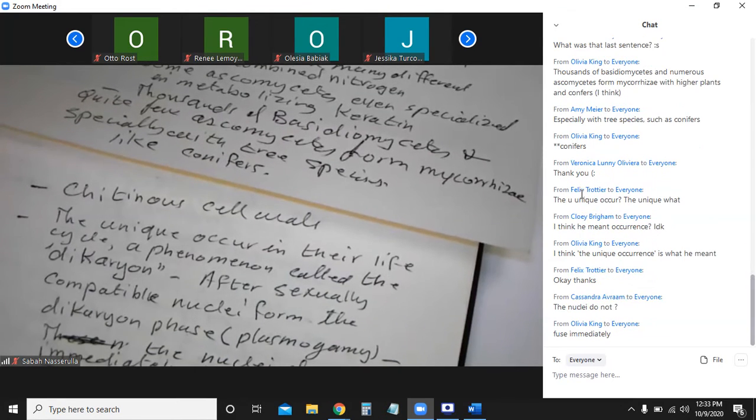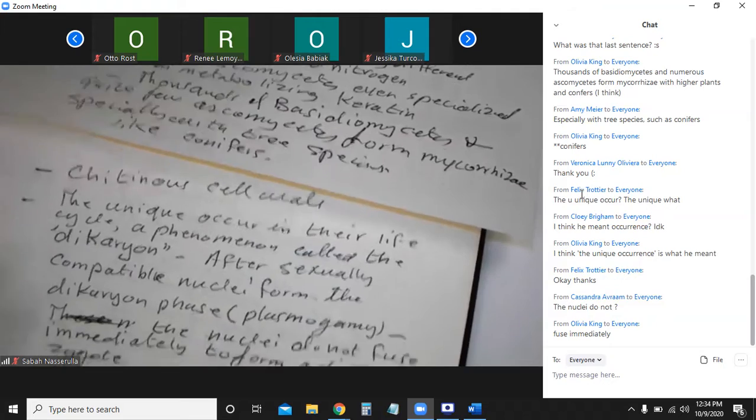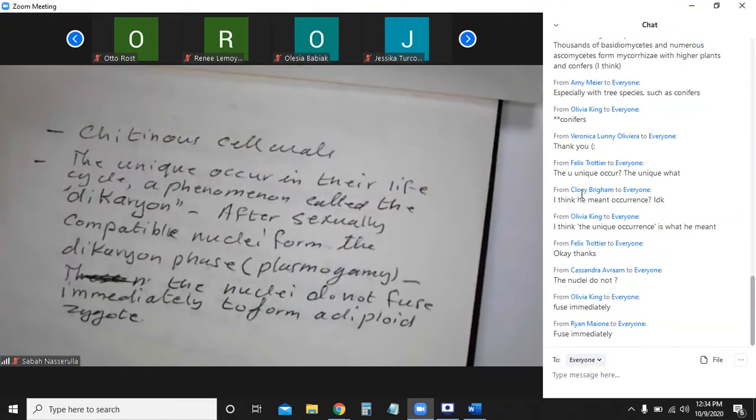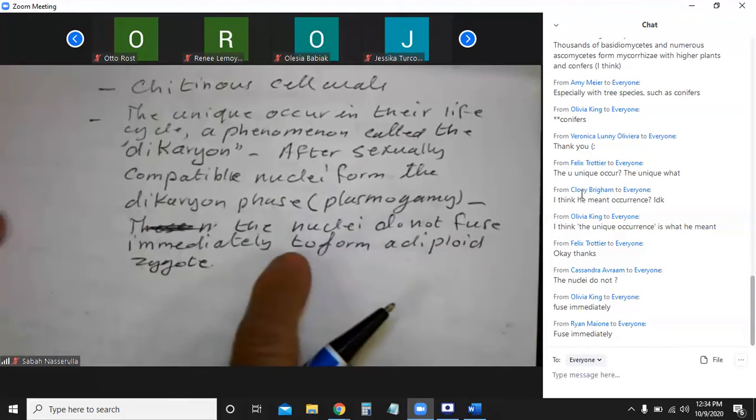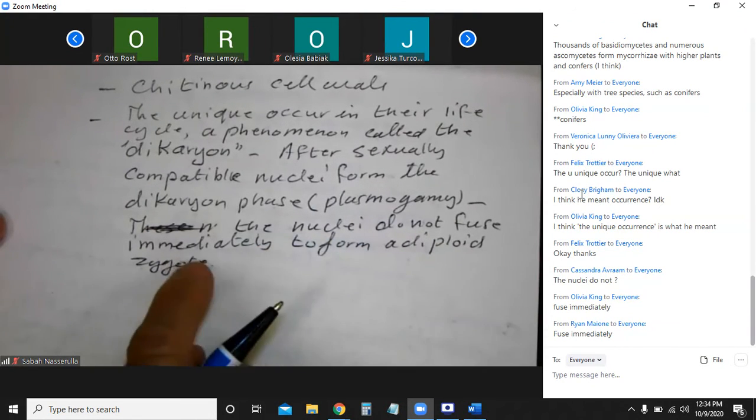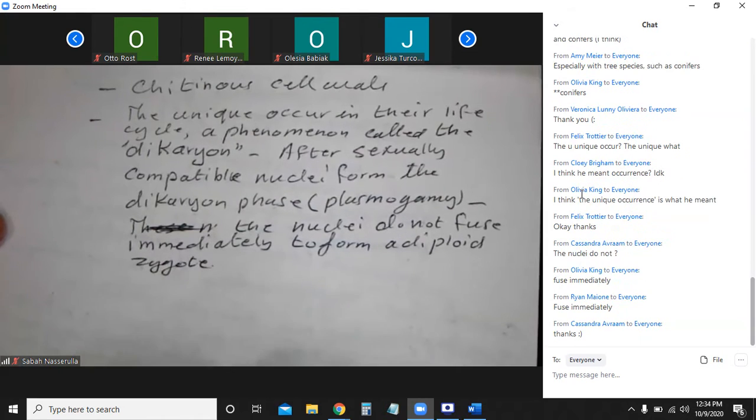I already mentioned this: a dikaryotic phase in which the nuclei do not fuse immediately to form a diploid zygote, because they stay for a while. You got this point.